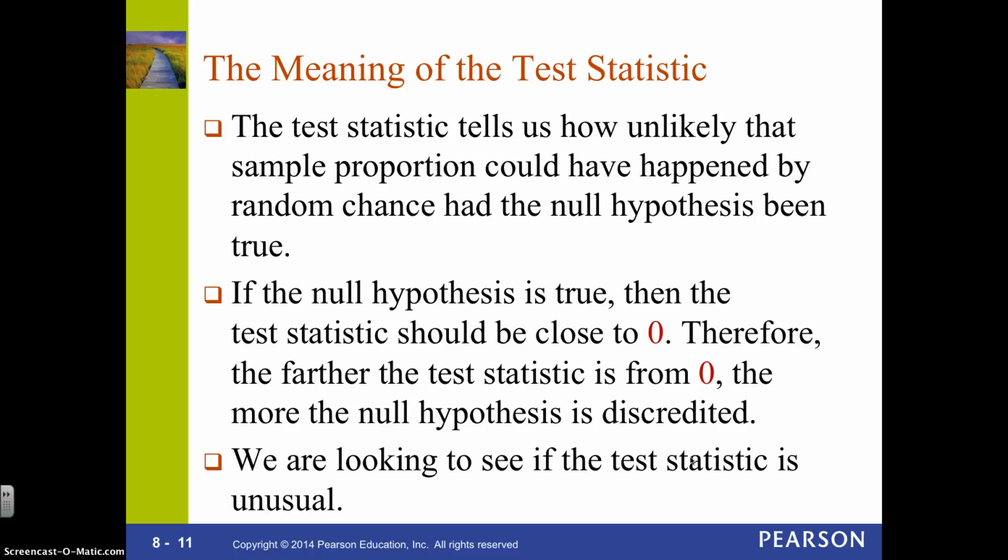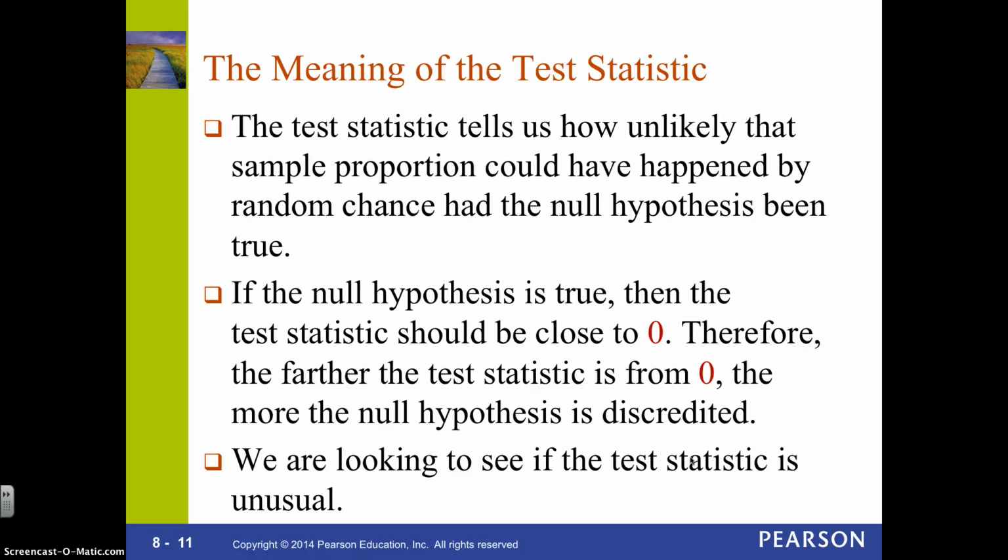Again, this goes back to if my test statistic is either greater than 2 or less than -2, it's unlikely to happen. It's more unusual. We'll get a little more scientific as we go through here and narrow that number down a little bit more when we do it. But for now, just think about how we determined if a value was unlikely to happen before. If the z-value was greater than 2 or less than -2, we kind of said it was unusual.